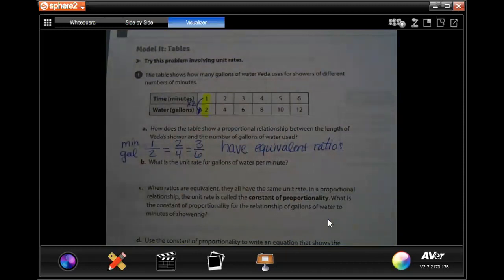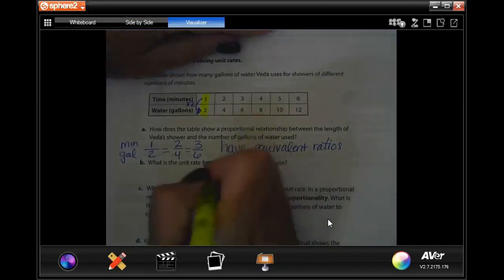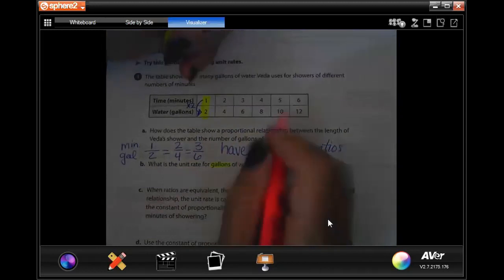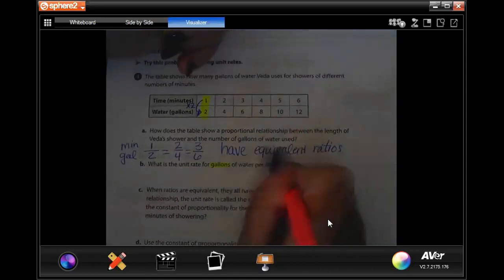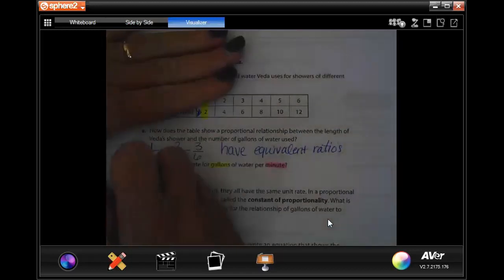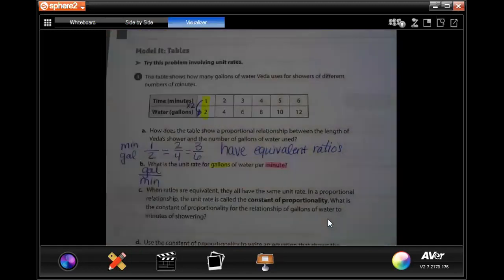Now B, what is the unit rate, and this is where it gets tricky, of gallons of water per minute? So this is a little different. This is gallons per minute. So we rewrote that. We flip-flopped it. We did the reciprocal of it.